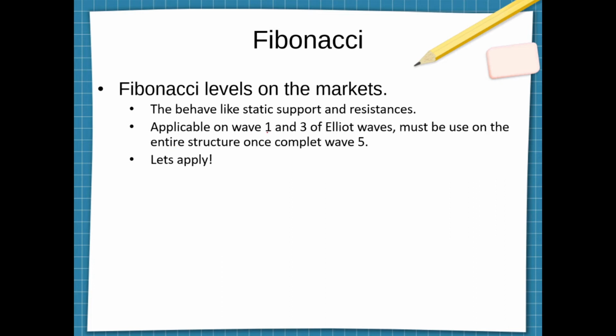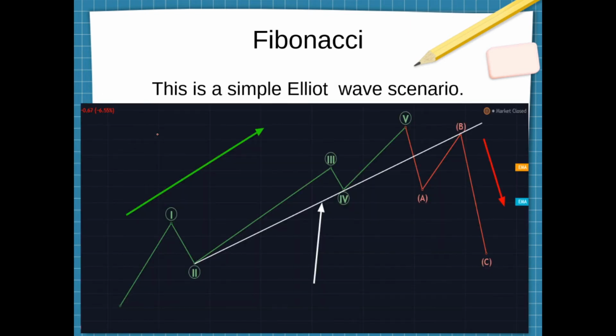Applicable to wave 1, 3 in Elliott wave, but the entire structure, when we have 5 waves equal 1 impulse, you have to make the Fibonacci of the entire thing. For an example, this is a simple Elliott wave scenario in which this entire thing is an impulse and a correction.